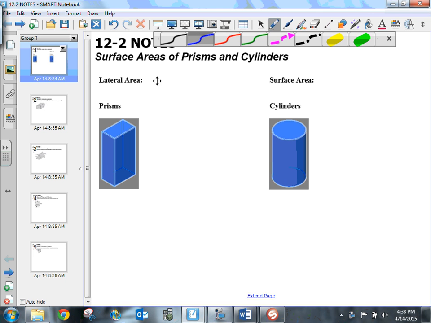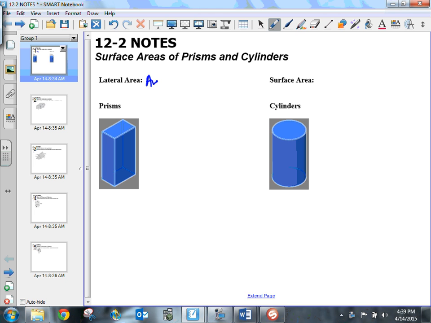area. Lateral area is the area of the surfaces, and that excludes the bases. Okay, the bases.